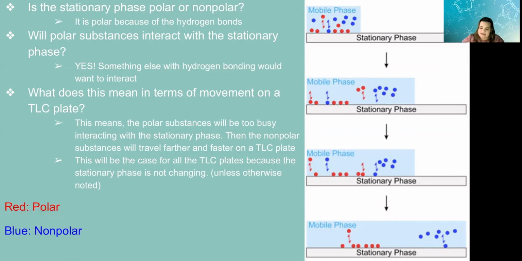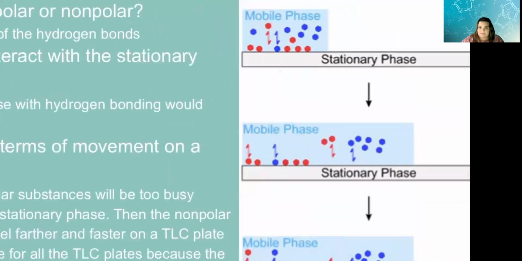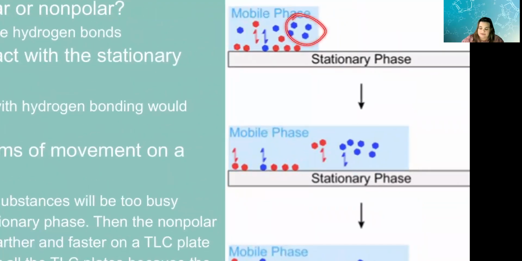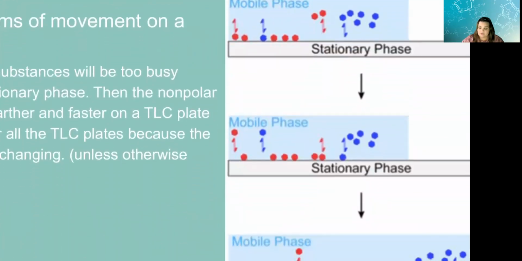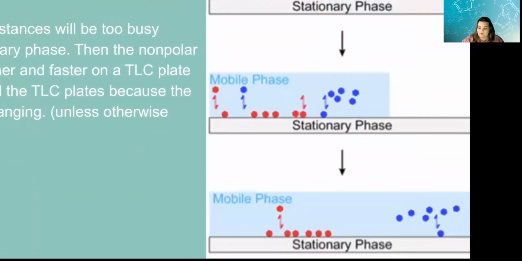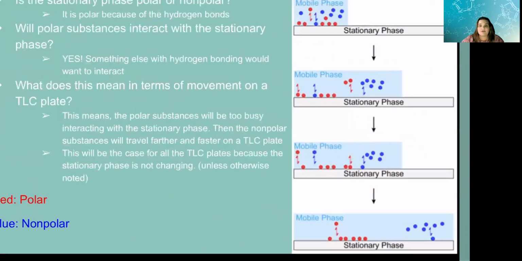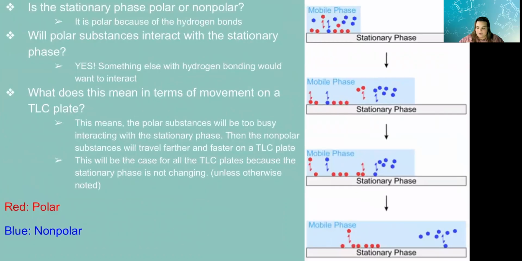Does everybody see how the blue almost immediately starts moving down the plate faster? Right, so this is just representing that in a nutshell. Blue will move further down the TLC plate, which means that non-polar substances move down the TLC plate further than a polar substance. Okay, fun times.